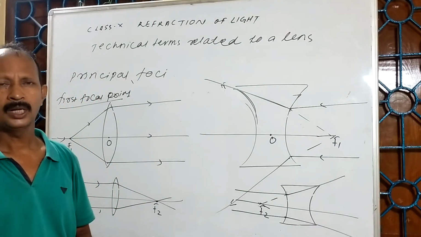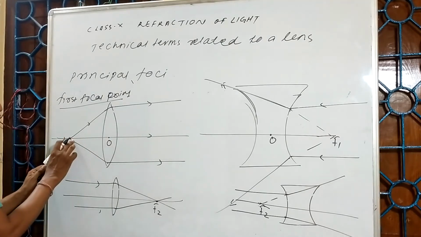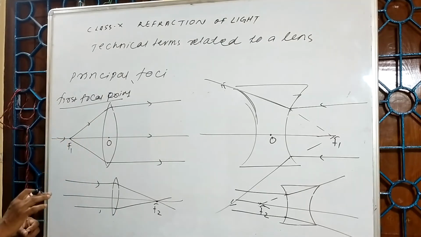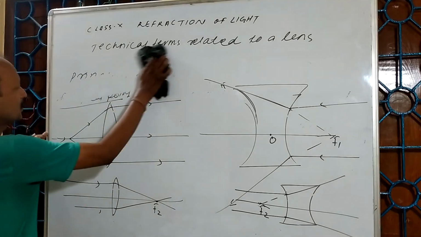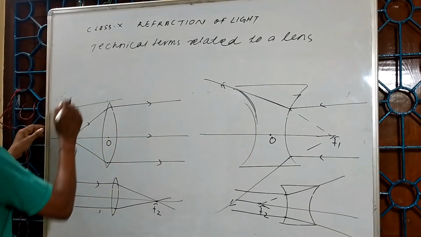So the distance from optic center to the principal focus is called the focal length. See here, here I am explaining about the focal length.